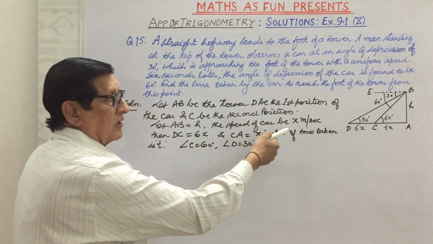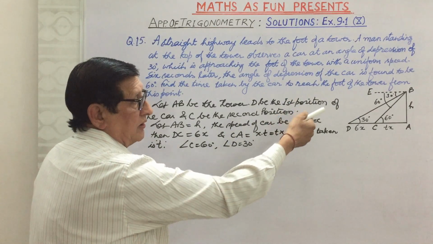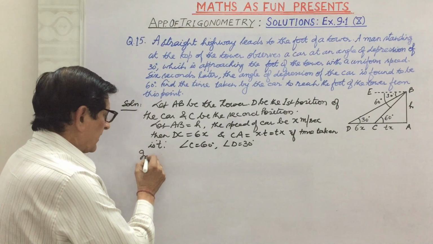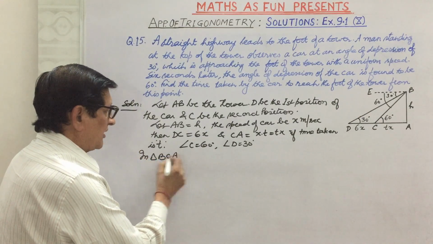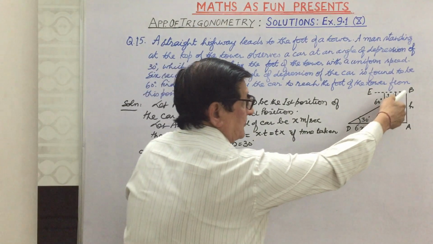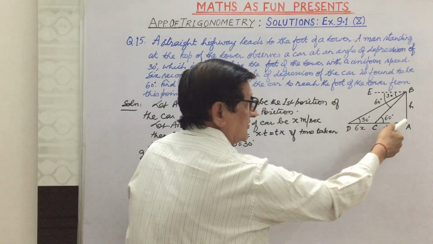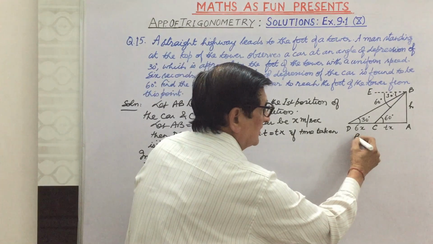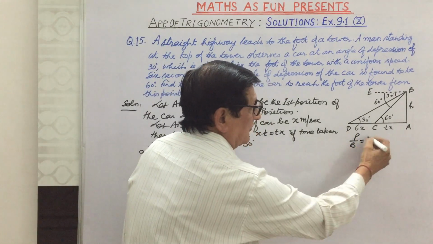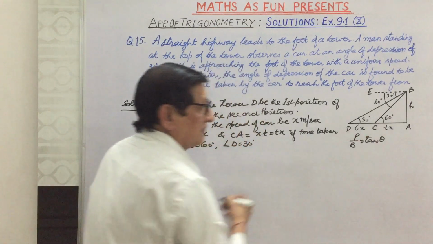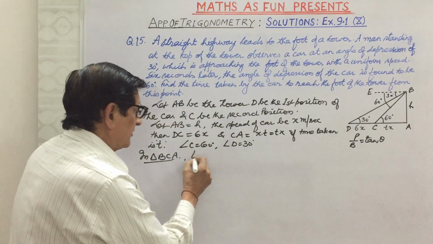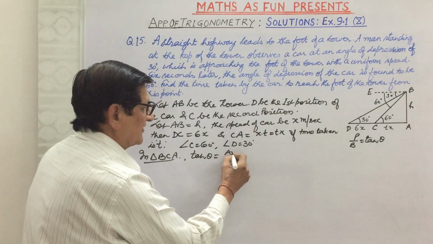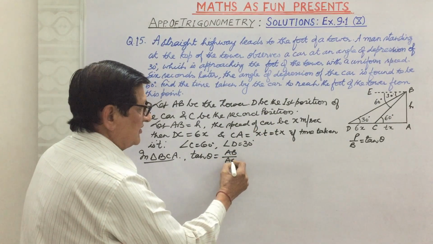So we are going to use triangle BCA and triangle BDA. In triangle BCA, see here, this is the perpendicular, this is the base, so we will be going for tan theta, because perpendicular upon base is tan theta. So we find here tan theta is equal to perpendicular is AB, base is AC.